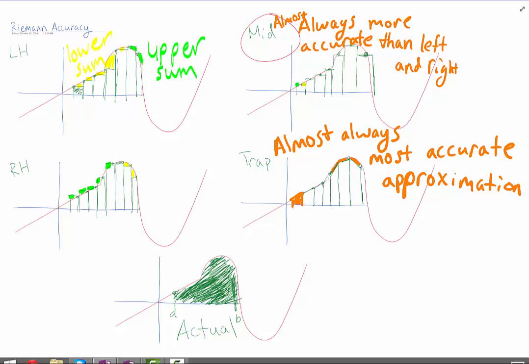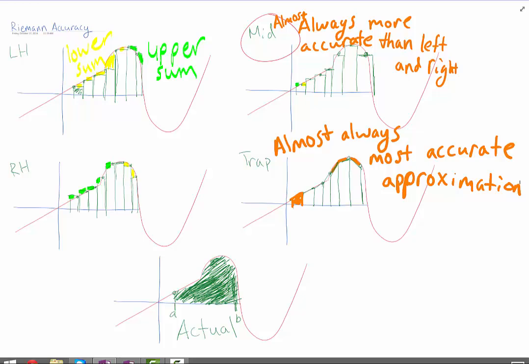So the left hand formula and the right hand formula are pretty simple. The midpoint formula, I think it sucks. I actually like the trapezoid formula better than the midpoint, but they're both harder formulas. So that's why people use the left and the right hand approximation. But if you want to get more accurate, that's when you use the trapezoid or the midpoint formula.